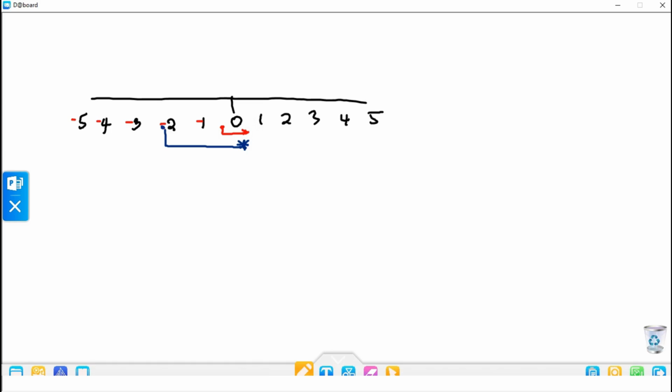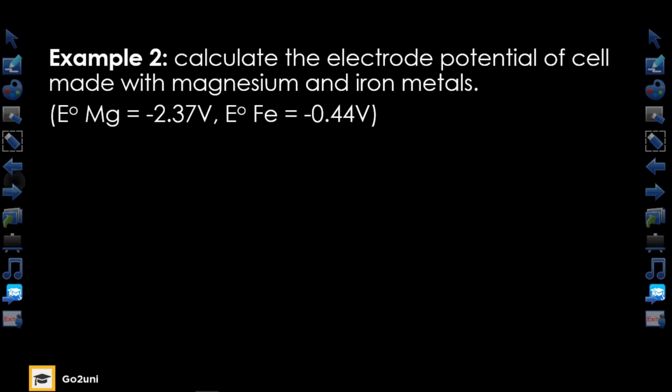That tells us that the closer you are to a positive value, the more likely you get reduced. That is the reducing potential or the reduction potential. So iron is going to be our reduction potential, while magnesium is the oxidation potential.